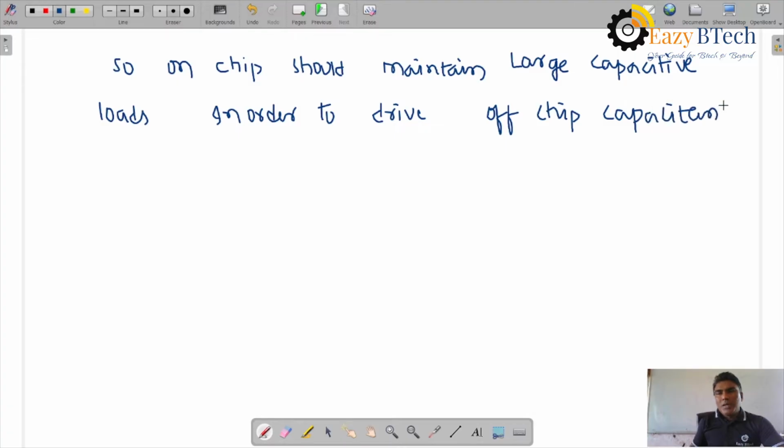So on-chip capacitance should maintain the large capacitive loads in order to drive the off-chip capacitance, because off-chip capacitance is several times greater than the on-chip capacitance.